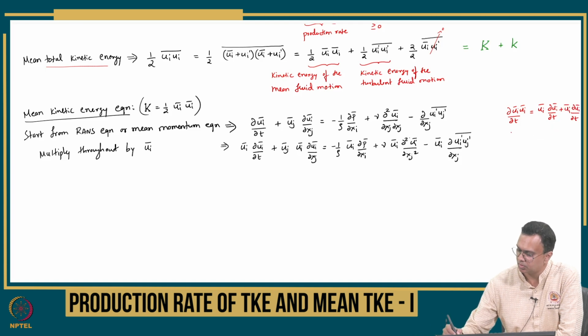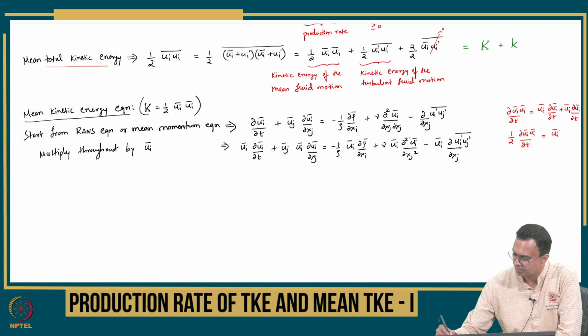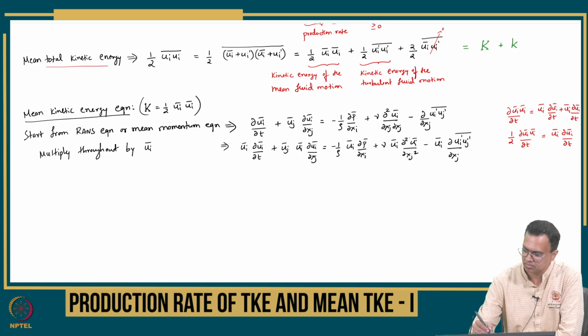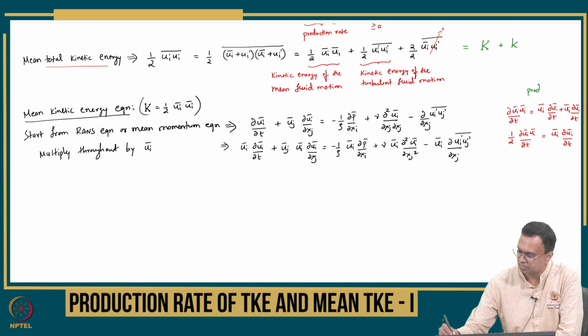So instead, half dou ui bar squared by dou t is equal to ui bar dou ui bar by dou t. I just used the product rule here.